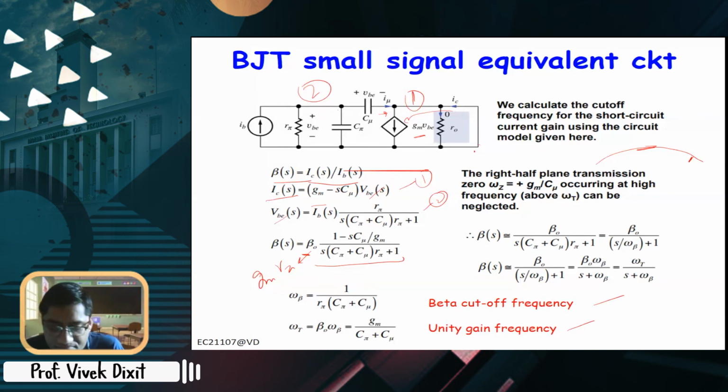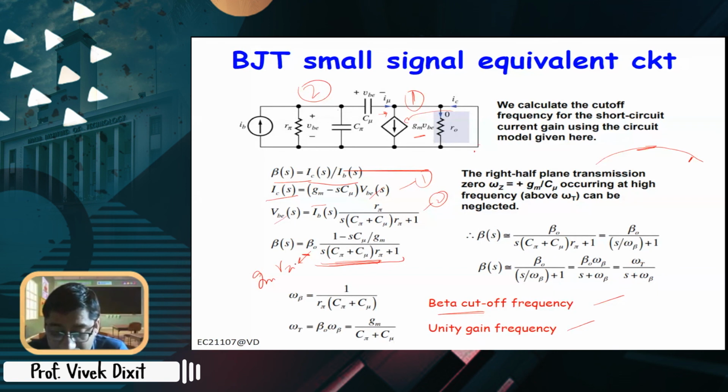Now, if you notice, the value of C mu is actually quite small, so you can neglect it. You will just have 1 over sC pi R pi plus 1, and this you can write as omega beta. So when omega equals omega beta, you will have beta naught by root 2. So omega beta becomes your cutoff frequency.